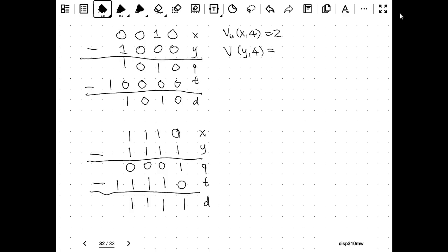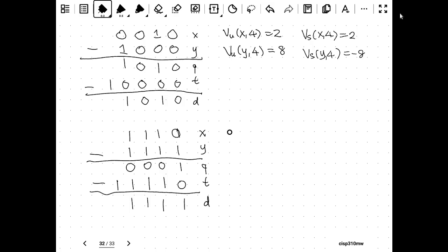VU of y4 is an 8. Oh, it's reversed, the x and y order are reversed. So VS of x4 is also just 2 here, and VS of y4 is -8 this time. Okay, just one more to go.